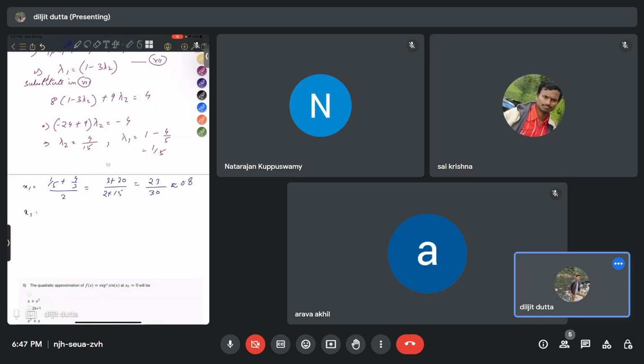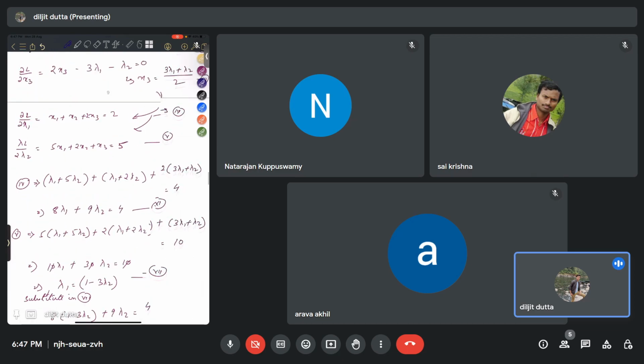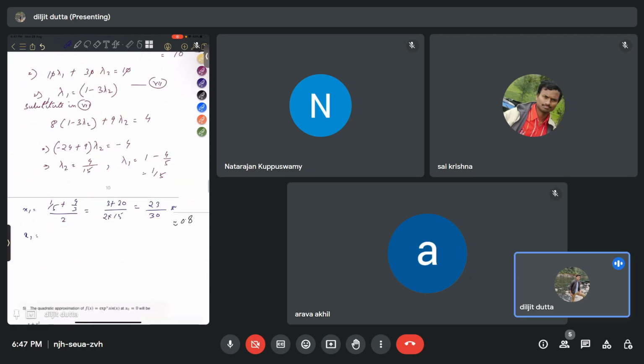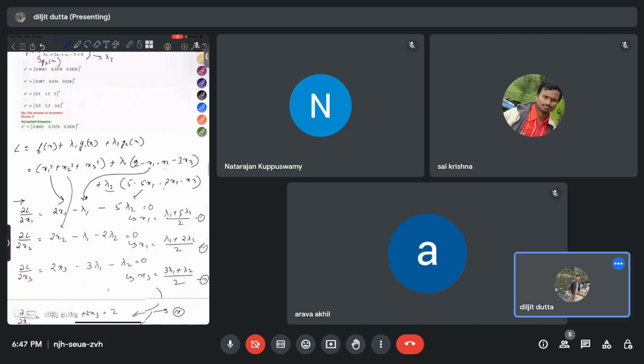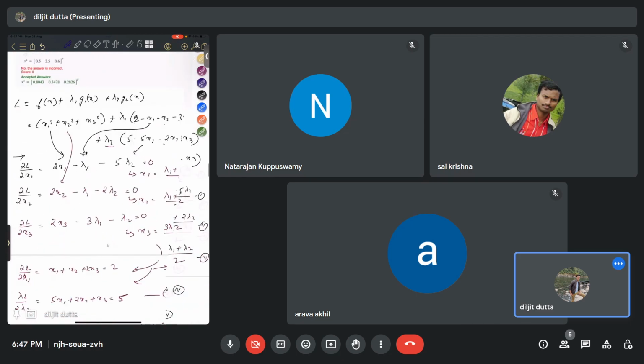Similarly, x2 will come approximately 0.34, and x3 will be approximately 0.28.